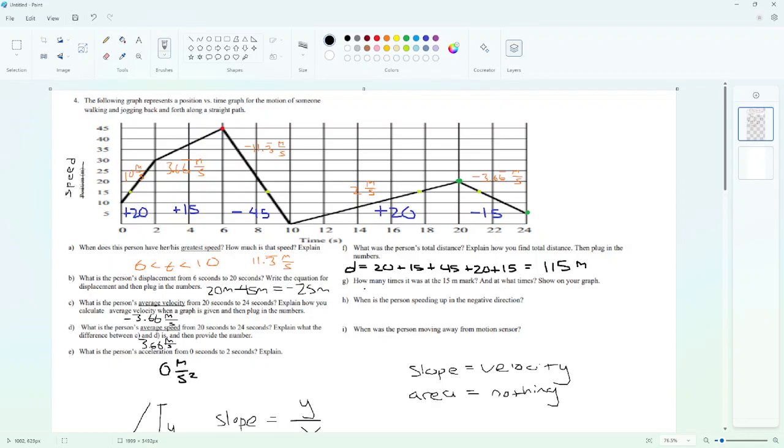And at what times? Okay, so it's at four times was it at the 15 meter mark. And the times is going to be, well, if we estimate here, this might be a little less than 1. So let's do 0.8. This one right here is just going to be a little less than 9, so probably 8.8.